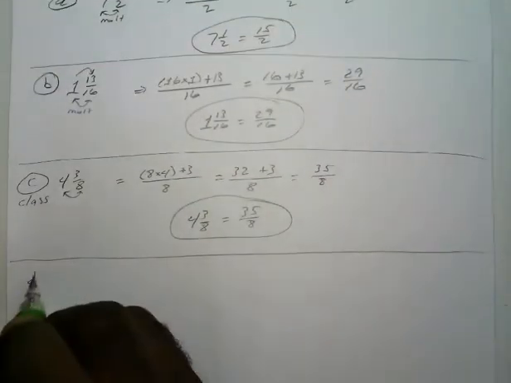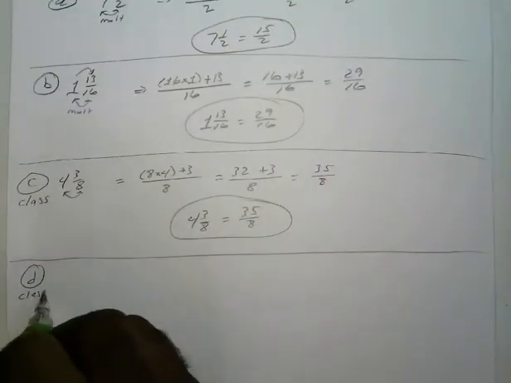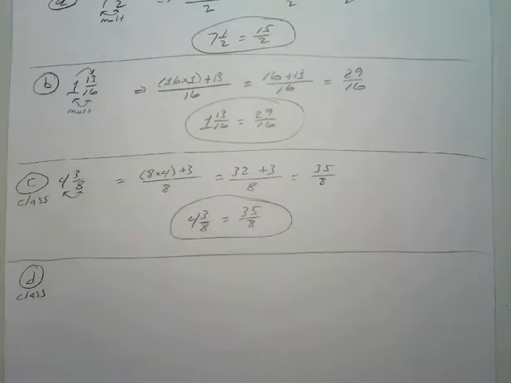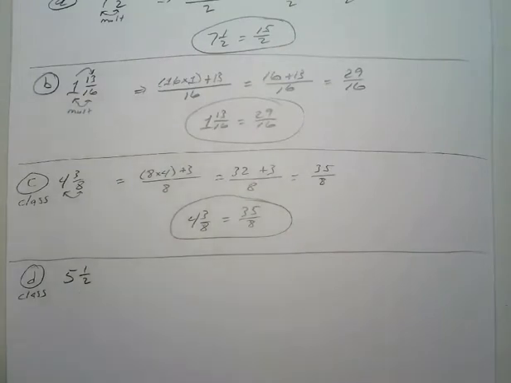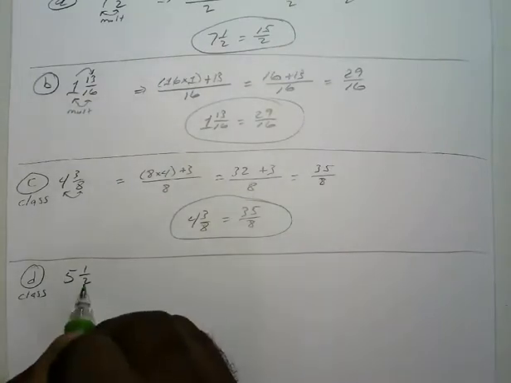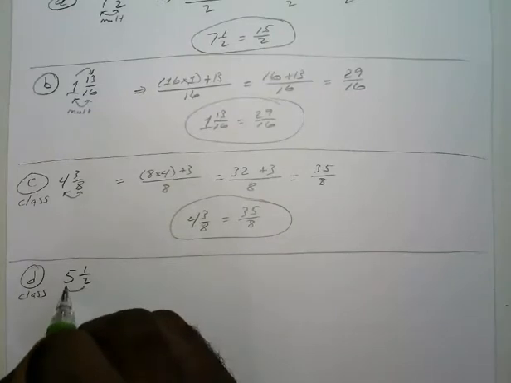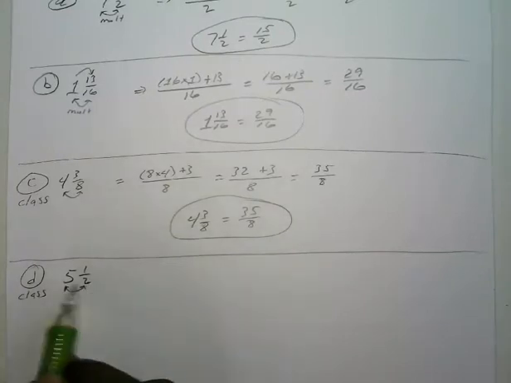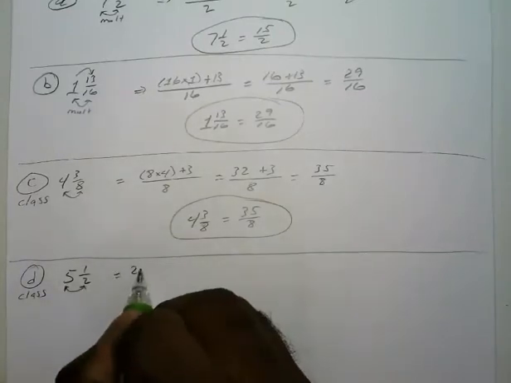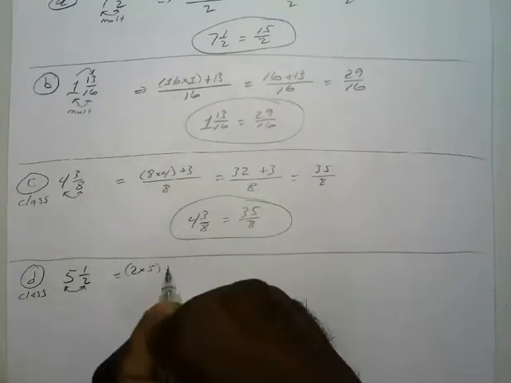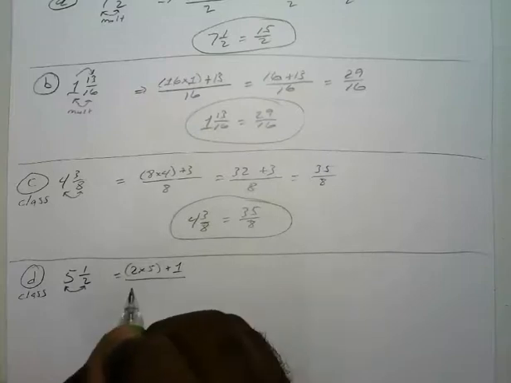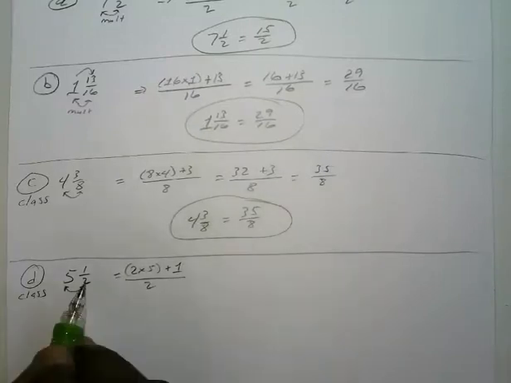Okay, so let's go ahead and solve problem D. And again, if you haven't solved it already, go ahead and press pause and solve that one. So if you have 5 1/2, remember you're going to multiply your denominator and whole number. So that's 2 times 5 plus your numerator, which is 1, all over the denominator that stays the same.